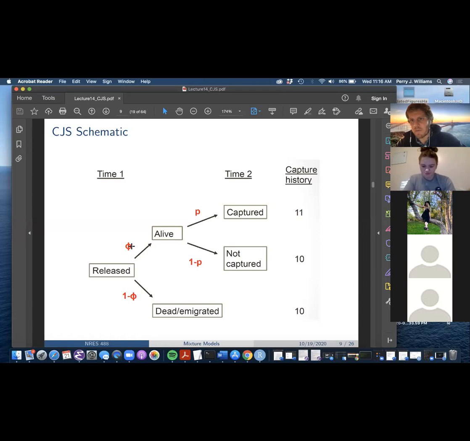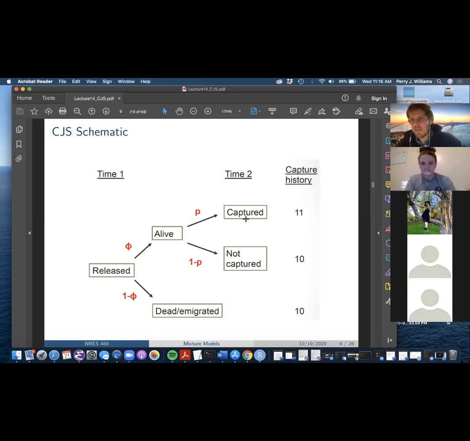It can be from one week to the next week, or from one year to the next year, whatever your study design dictates. If it survives, then it can either be recaptured with probability p, or it can be not captured with probability 1 minus p. So p is the probability of recapturing that individual bird.